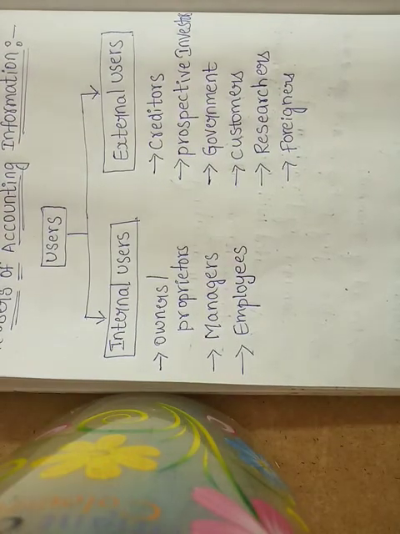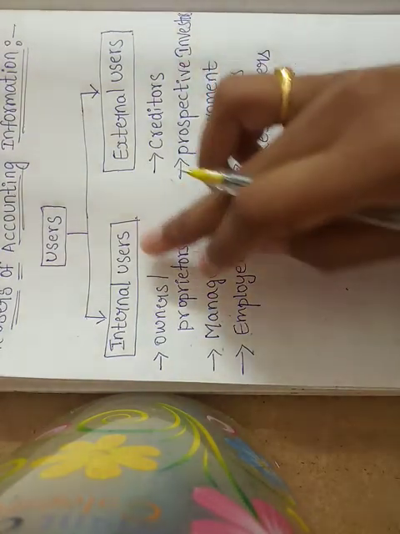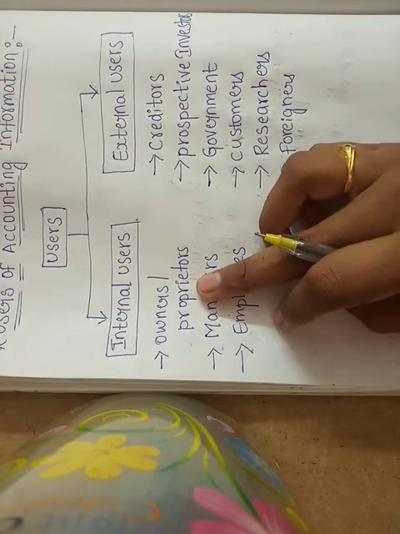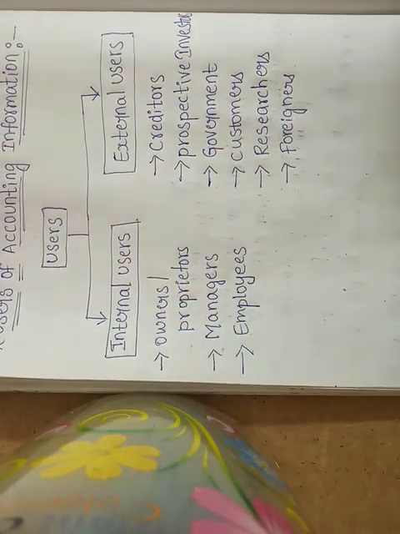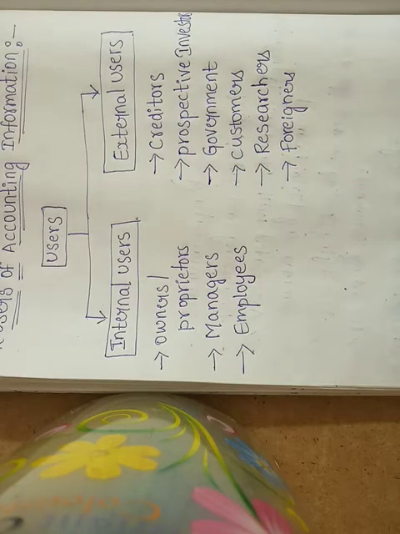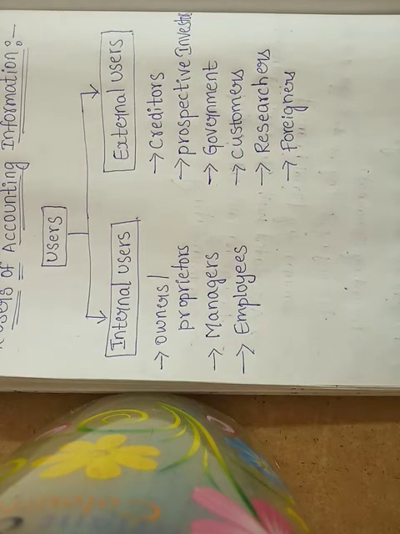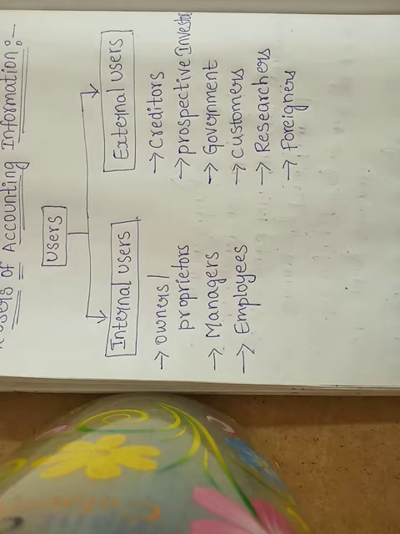Now first we will discuss the internal users. First are owners or proprietors. Owners or proprietors are the main part of the business, because the person who initiates the capital, who invests the capital into the business, is the owner or proprietor of that business.